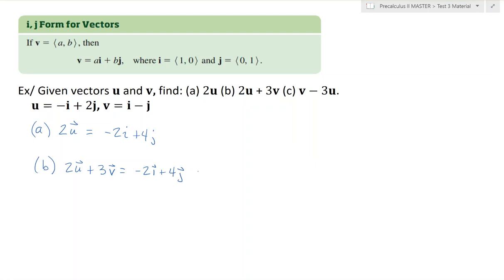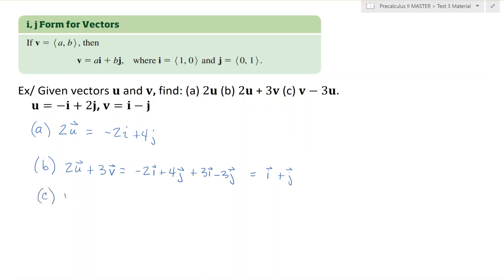And then I'm adding 3 times the v vector, so I'm adding 3i minus 3j. Putting those together, I get 1i and 1j. So we have i plus j as our resultant.